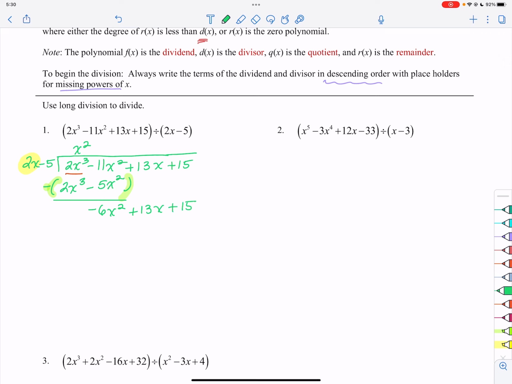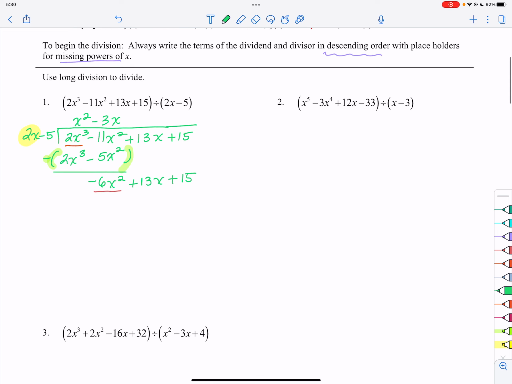Now again, we're going to focus on this term right here, and a negative 3x is what we would need. So we multiply negative 3x times 2x, and we get a negative 6x squared, and then we get a plus 15x. Now again, we're going to subtract.